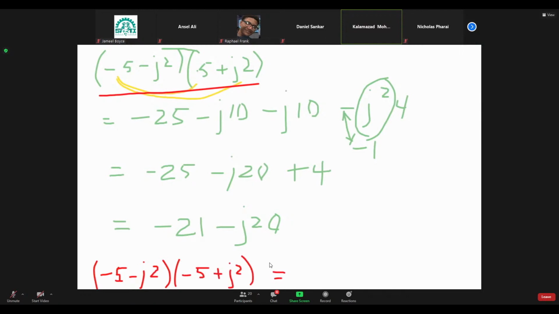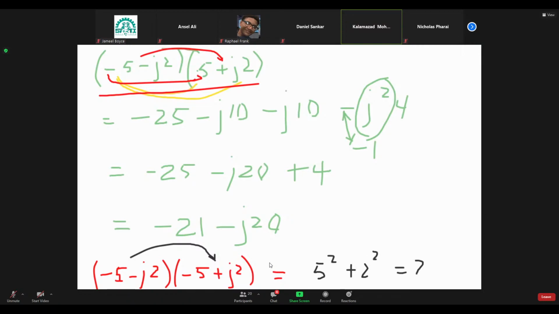See, here, they change the sign here and here. Down here, we change this sign alone. When we do that, this is the conjugate. So the answer here would be 5 squared plus 2 squared, which is 29.